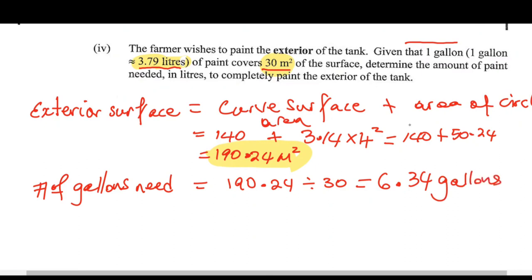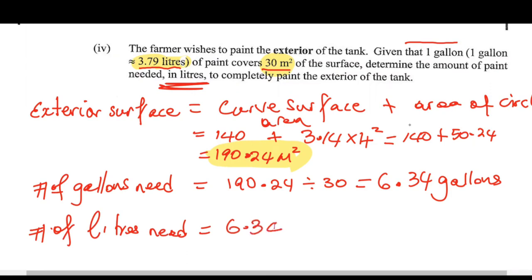But now 1 gallon is 3.79 liters. So if the question wants the answer in liters, the number of liters needed is simply to multiply the 6.34 times 3.79, which is the conversion rate for 1 gallon. 3.79 times 6.34 is approximately 24.0.